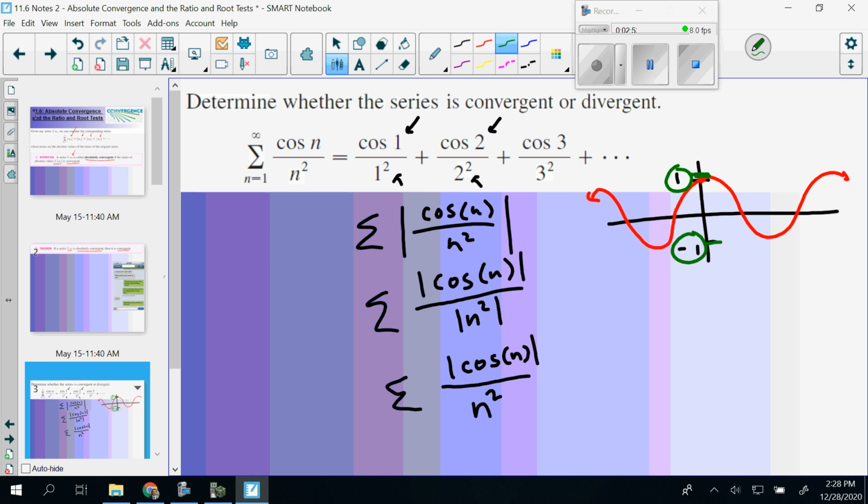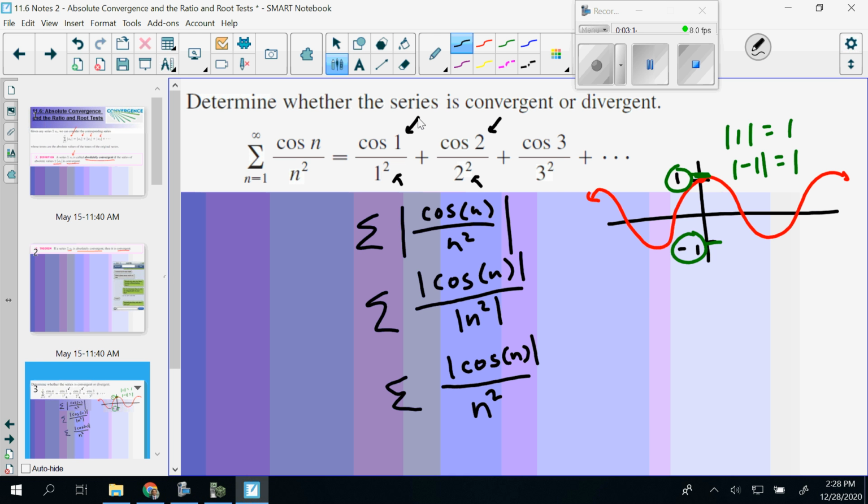Well, if we take the absolute value of those values, absolute value of 1 would be 1. Absolute value of -1 would also be +1. So the numerator is at most going to be equal to 1.